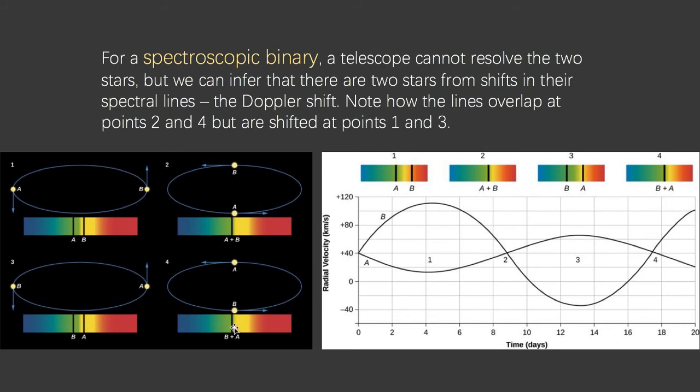And if you kept going forward, it would go back to green and so on. This would be a cycle. And that shifting back and forth would tell you that it is coming towards you and then moving away from you, and that signifies an orbit. You can look at the plot of its radial velocity in order to figure out the period, and then, again, as with the visual binary, from the period determine how massive the stars have to be.